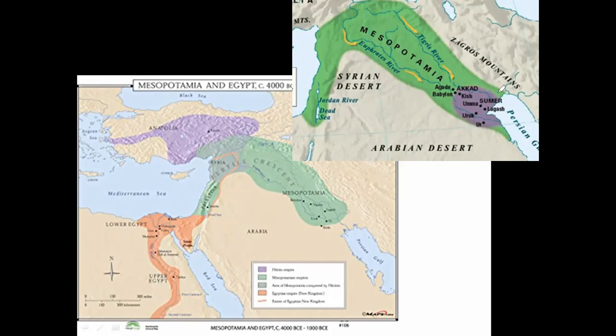The southernmost part of Mesopotamia is today's Iraq. And in ancient time, this area is called Sumer. And people are called Sumerian. And the civilization, the art they created is called Sumerian art.